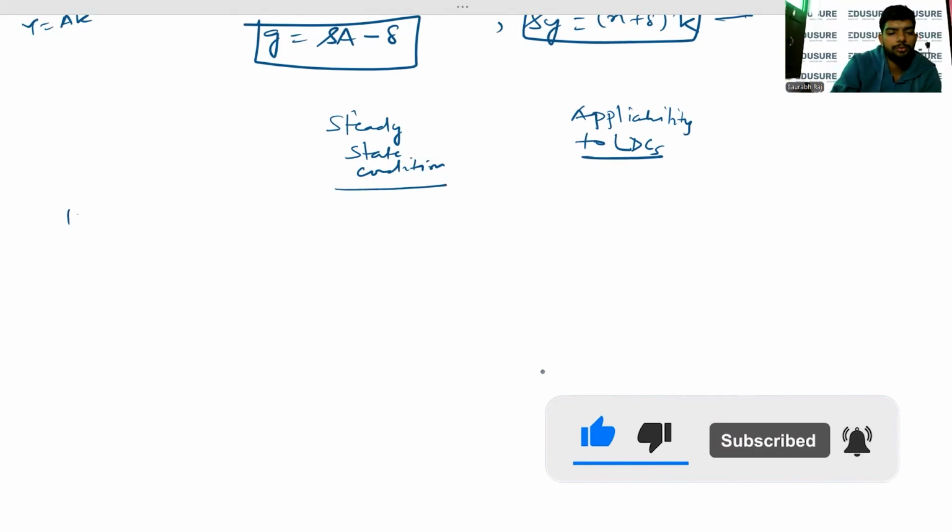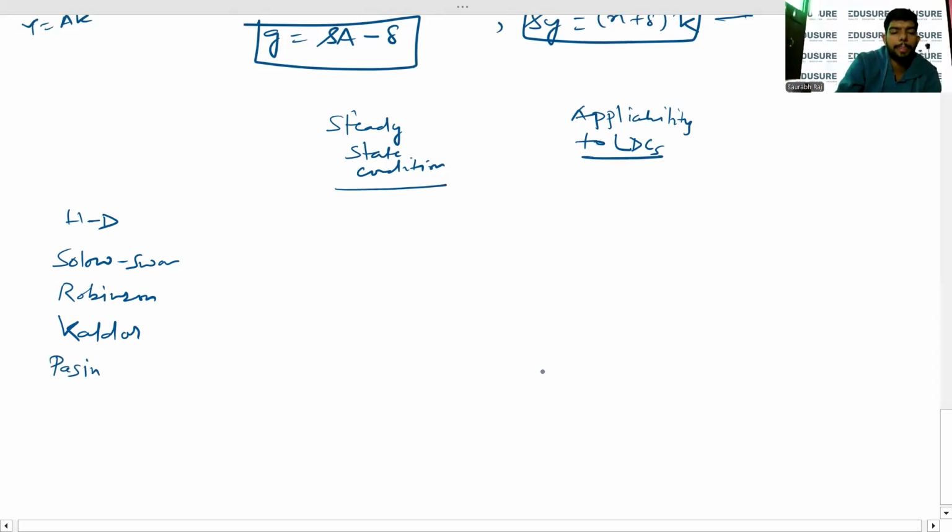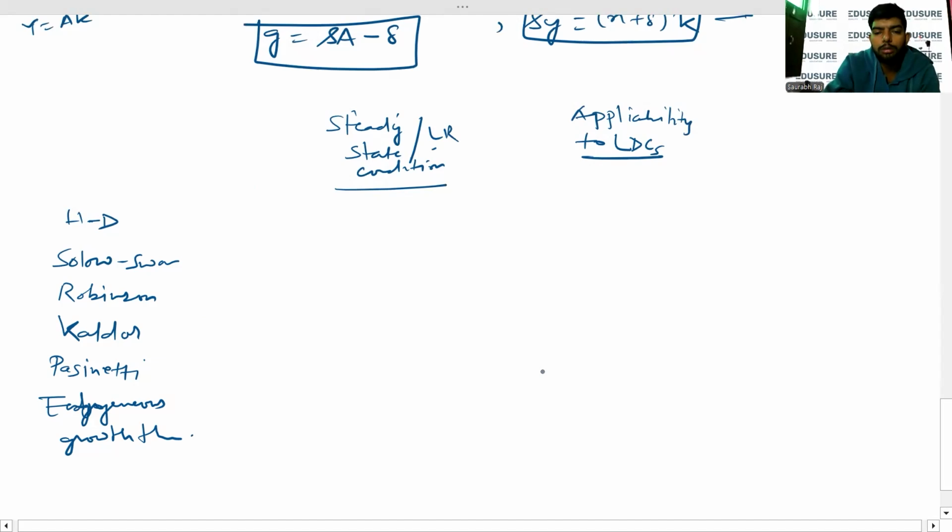First is the Harrod-Domar model. Second is the Solow-Swan model. Third is the Robinson model. Then you have Kaldor. Then you have Pasinetti. And the last you have endogenous growth theory. In all the cases, the steady state condition, or you can say the long run equilibrium growth rate condition.